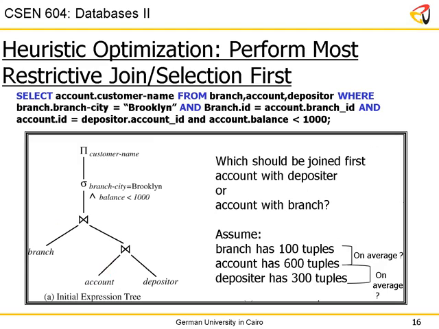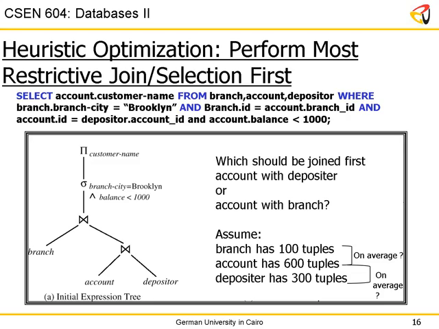The third heuristic is to perform the most restrictive join and selection first. Now, let's talk about the restrictive join, and the selection will become clearer as a consequence of that. If you look at the tree at the left in the slide here, I'm joining account with depositor, and then later I join it with branch.